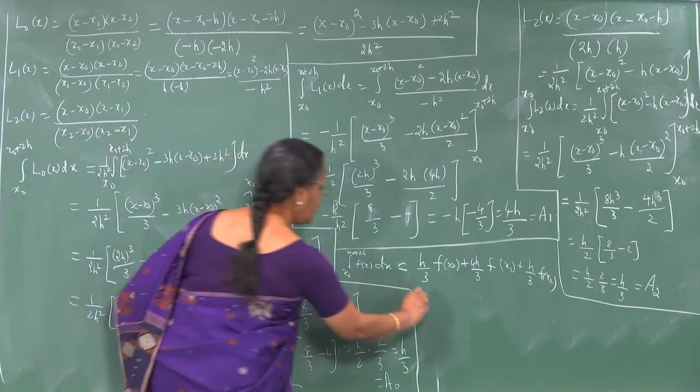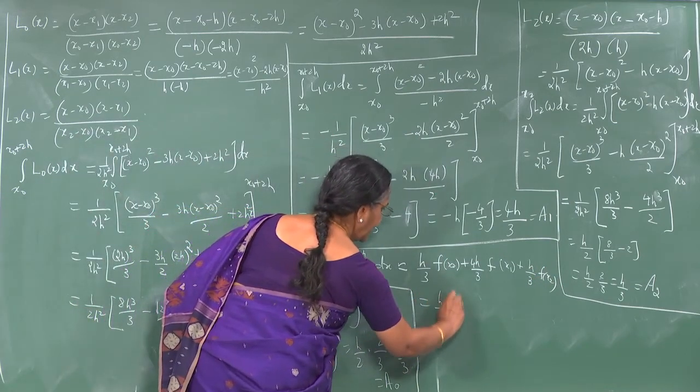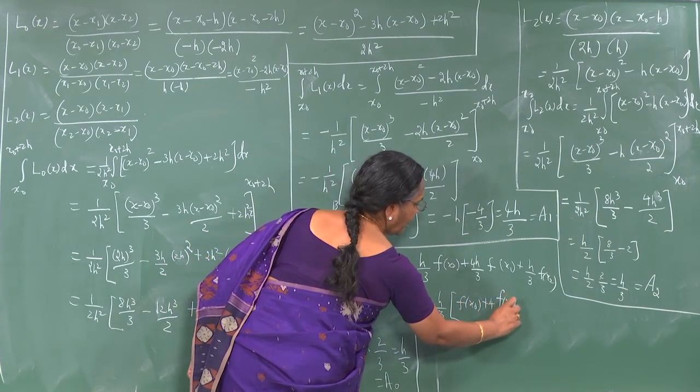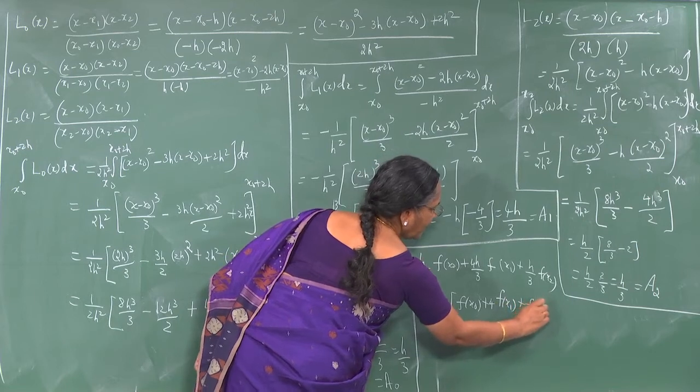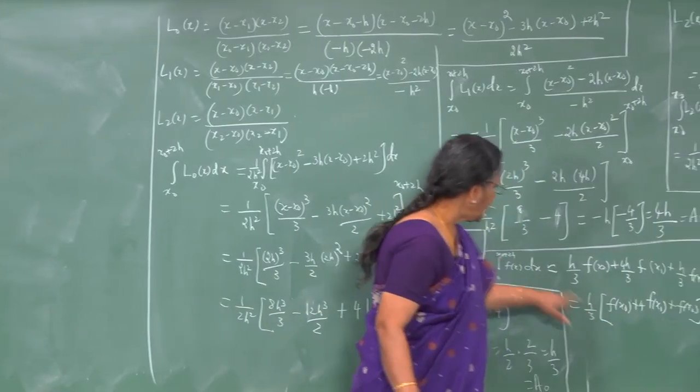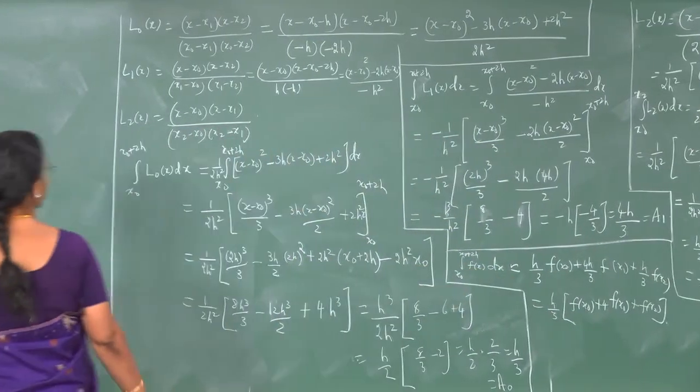And so, this gives you h by 3 into f of x0 plus 4 f of x1 plus f of x2.